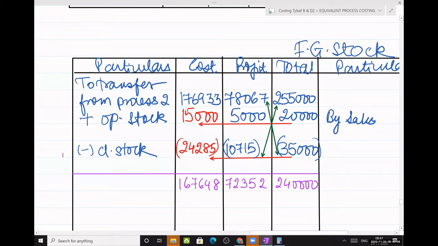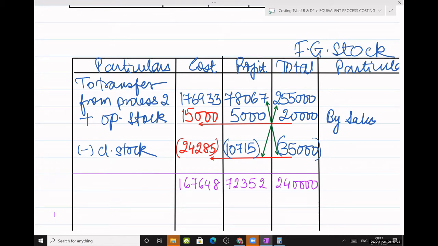If you want, you can even write direct material, direct labor. But there is no direct material or direct labor for finished goods stock. Obviously, the finished goods are already made. Maybe if you want to write in the fashion of a cost sheet style, that column will go blank.